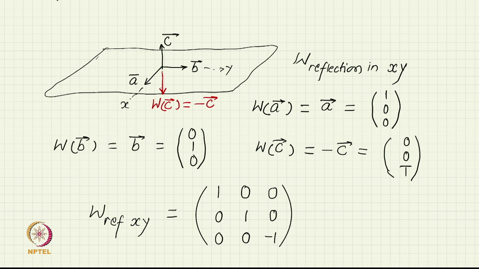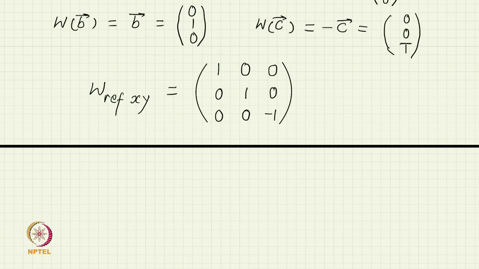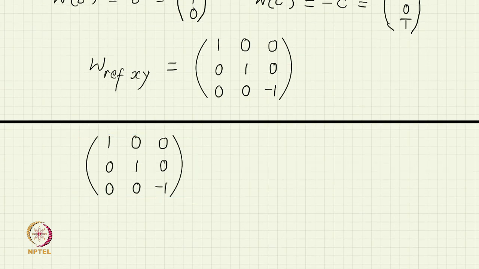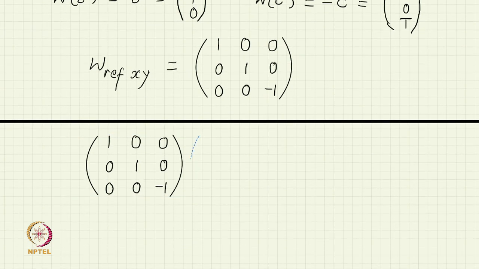So, this completely represents the reflection of any general vector, and you can see if you multiply it with any general vector x, y, z, what will it give you? x, y, z bar.